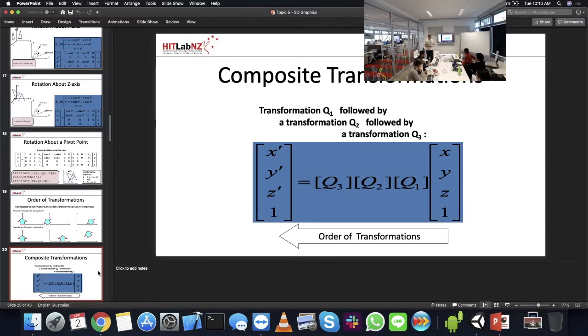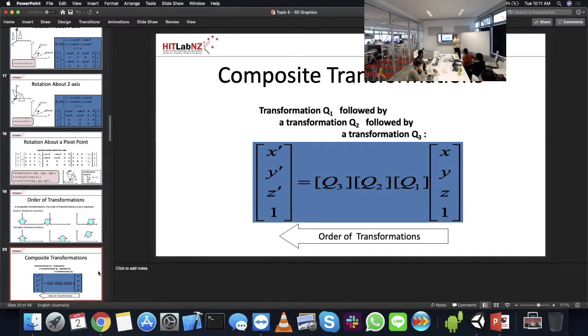But mixing and matching any of them will almost guarantee that the order will matter, and that includes things like scaling. If I did a scaling operation, so I have my box here, and then I scale it down to half its normal size and shift it out here.